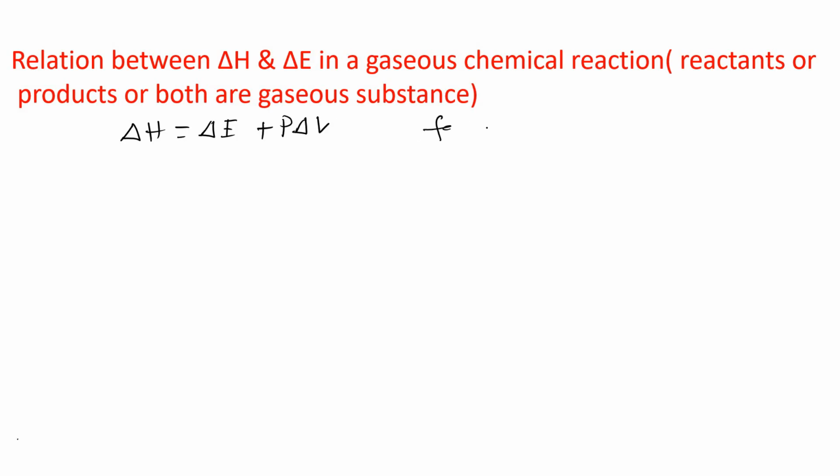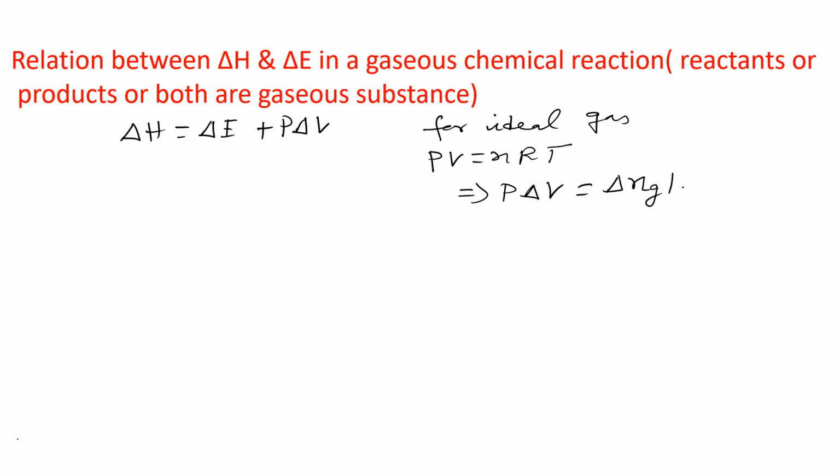Now we know that for an ideal gas, PV is equal to nRT. So what we can write? P delta V is equal to delta n, and this is for the gas, so I am writing delta NG RT, right?